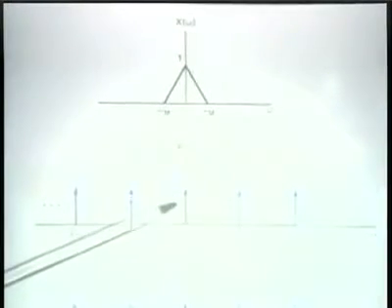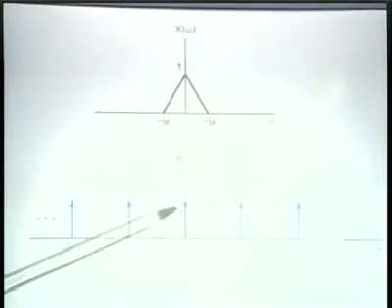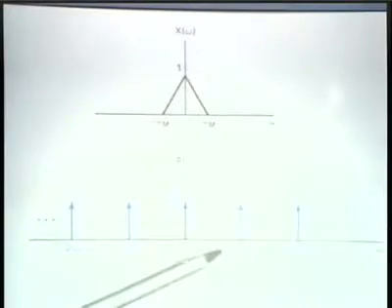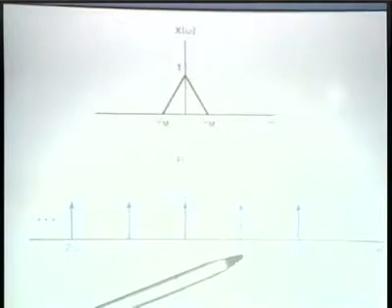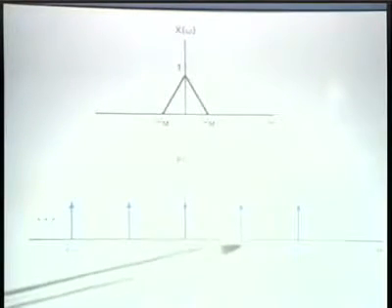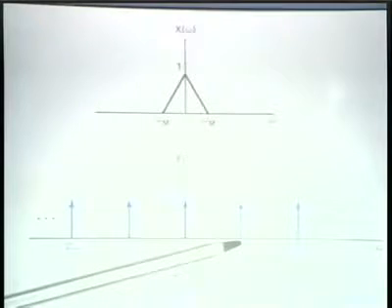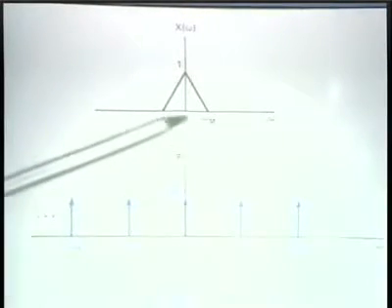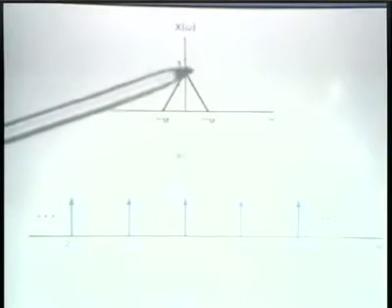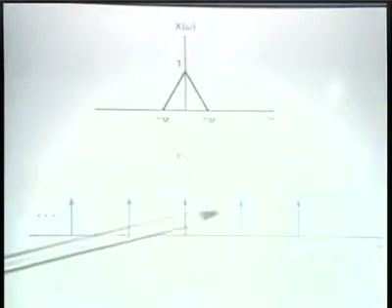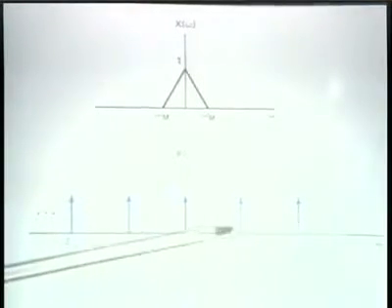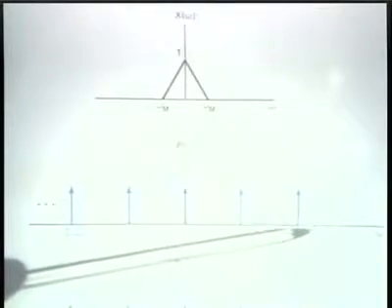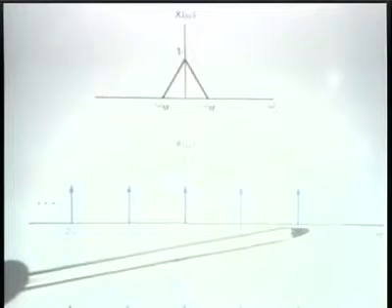The height is proportional to the frequency of the impulse train, and omega sub s now denotes the frequency of the impulse train, and the resulting output of the modulator has a spectrum which is this original spectrum, again, replicated around each of these impulses, in other words, replicated at multiples of the sampling frequency.